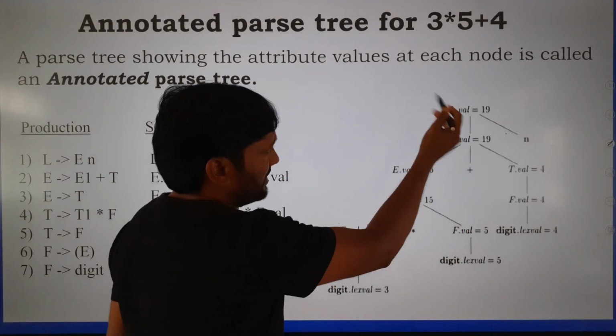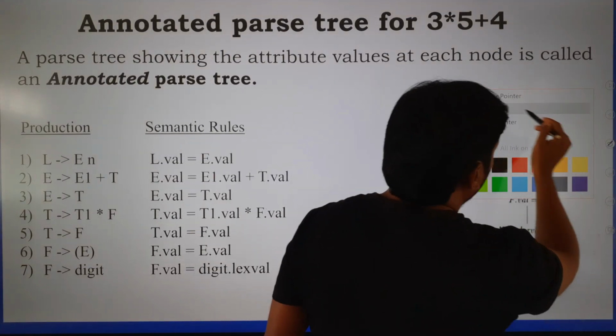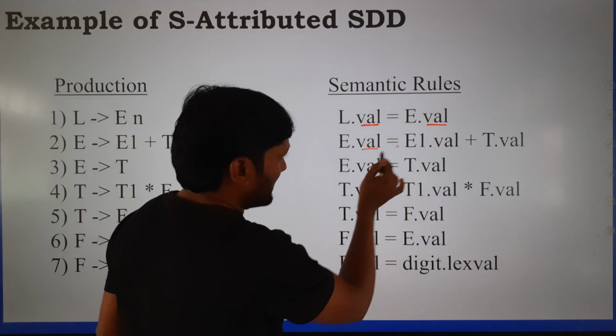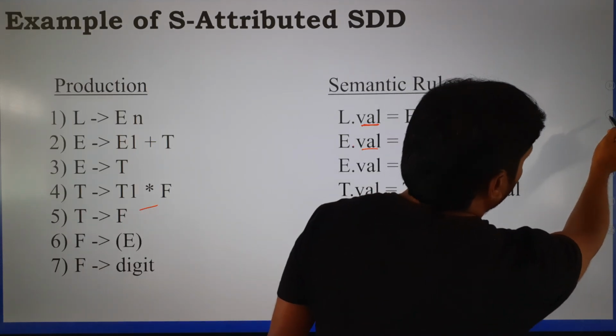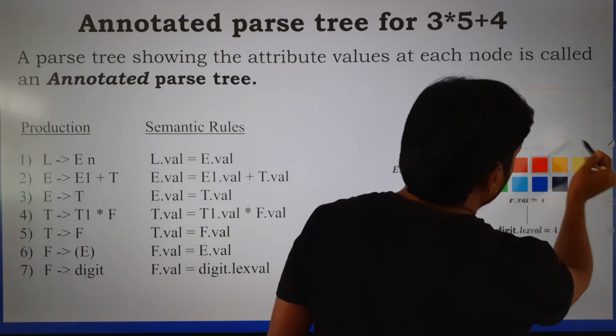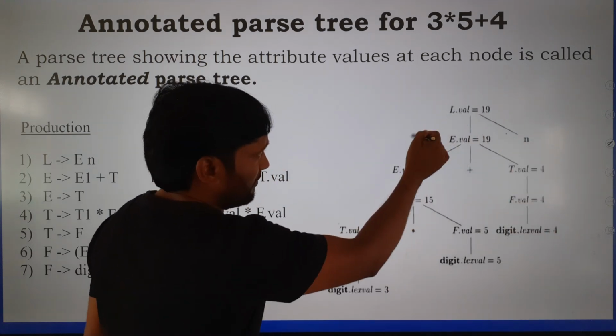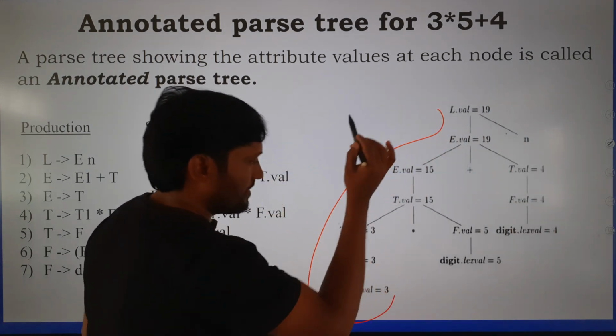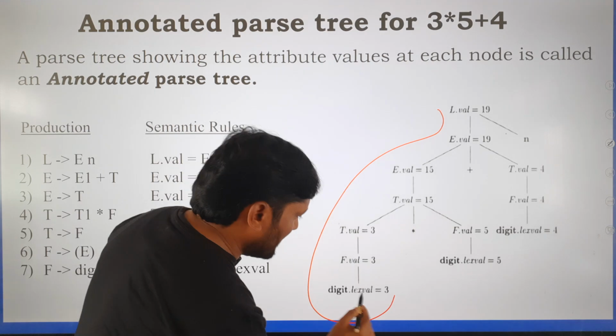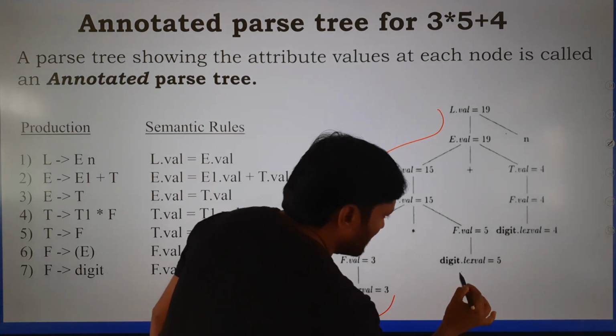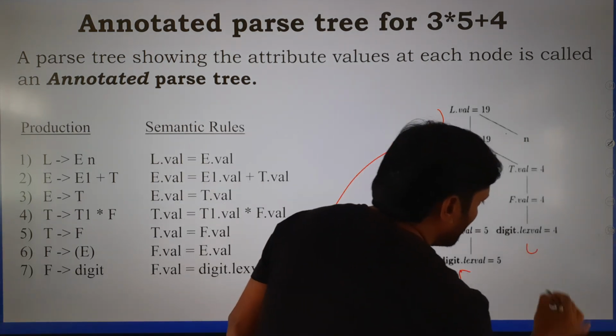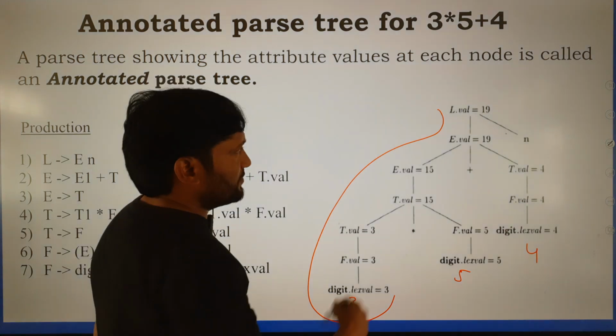Okay, so this is how we can evaluate the particular parse tree here. We have to evaluate like this. As we know that the digit value is 3 and the digit value is 5 and the digit value is 4.